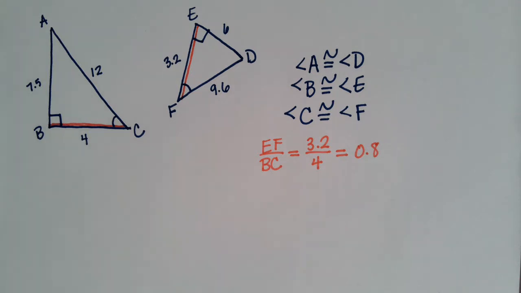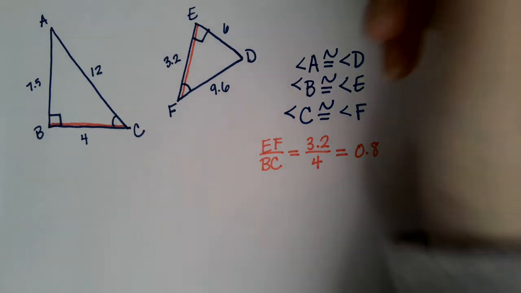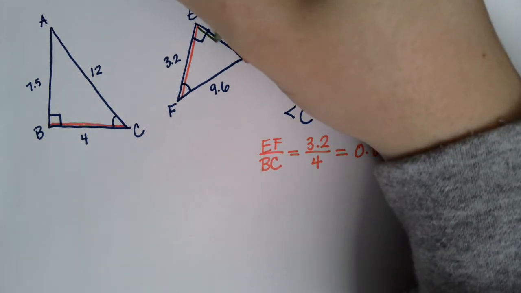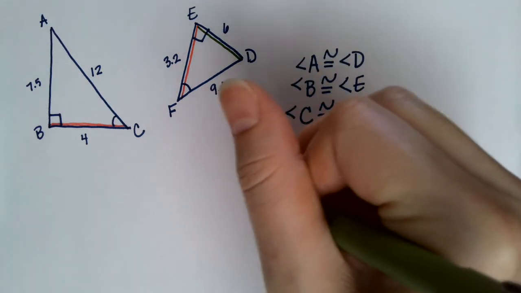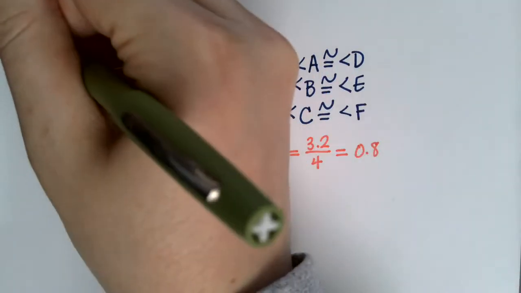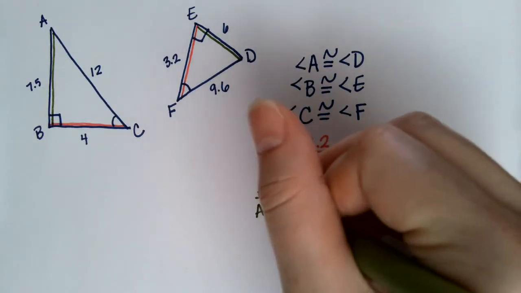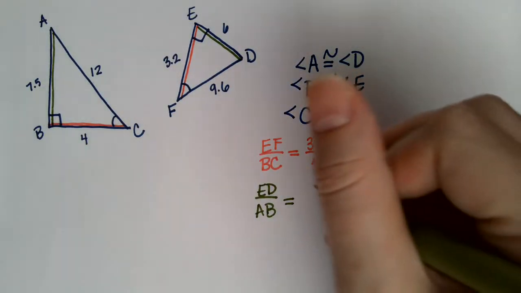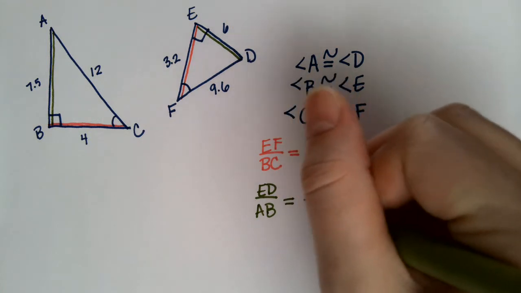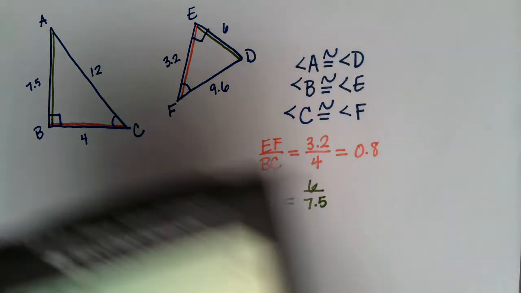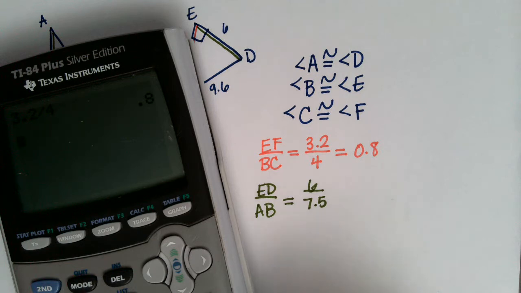Now my middle-sized sides, so there's ED and AB, and that was 6 over 7.5. And again, simplify that to get 0.8.